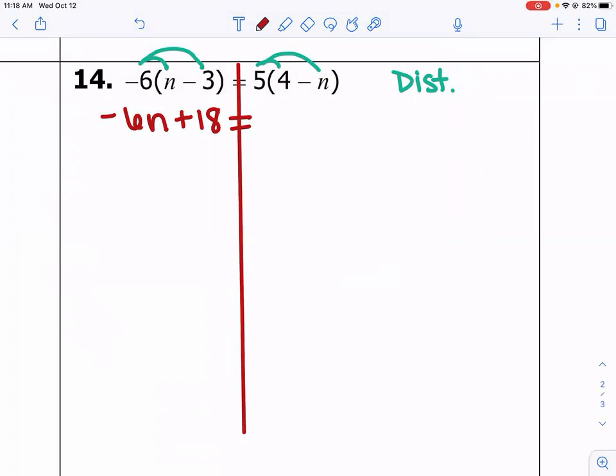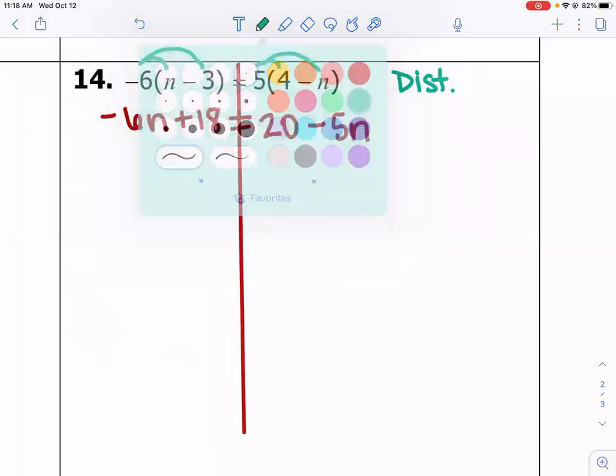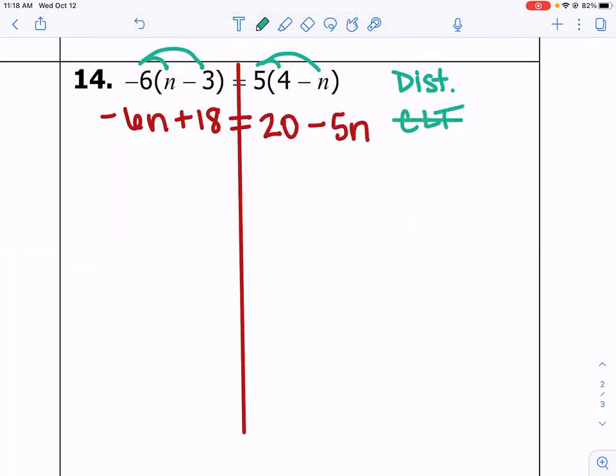5 times 4 is 20. 5 times minus n with a minus on there. Yep. Okay. Do we need to combine like terms? No, we do not need to do that. Okay. But we do need to move our variable. Okay. I want to help you out. I'm going to move it to the left side. Okay. In order to do that, since I have this minus 5n, how are we going to move it?